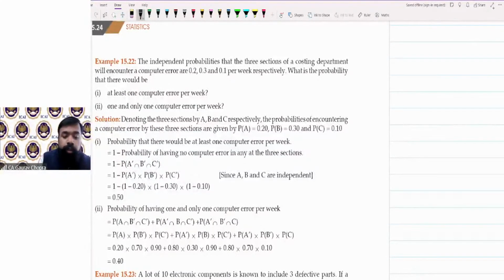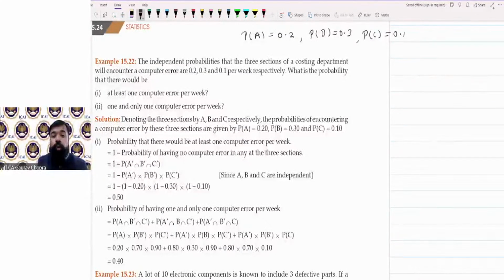So, according to the condition, PA is 0.2, PB is 0.3, and PC is 0.1. This is the probability. Now, what is the probability that there would be at least one computer error per week?